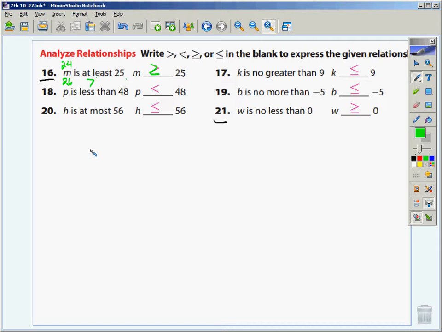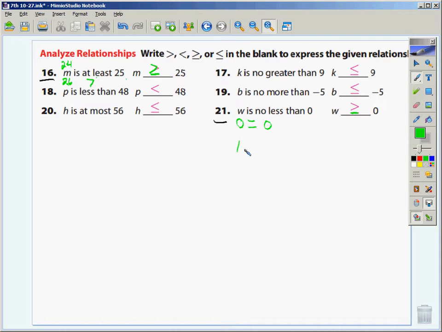Pick a number that's above it, below it, and equal to it, and it'll help you to determine which direction that's going to point. Number 21. If I pick 0, and I'm comparing it to 0, is 0 no less than 0? Yes. So it could be equal, which is why the line is there.